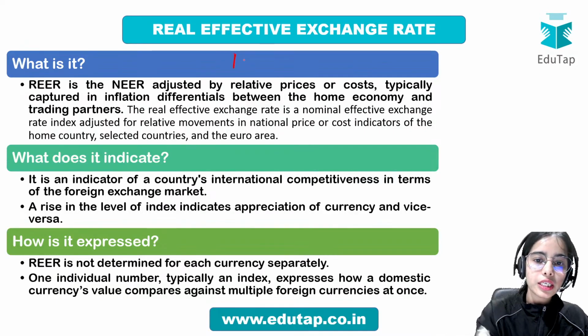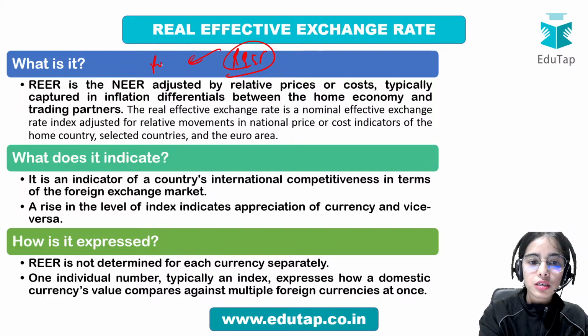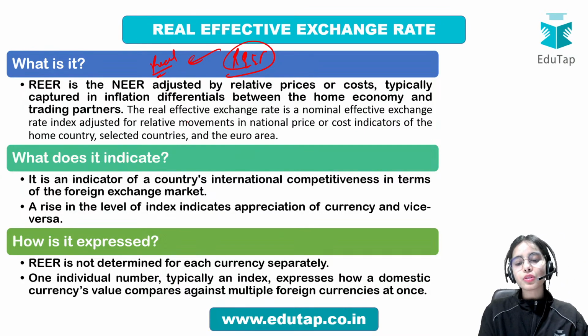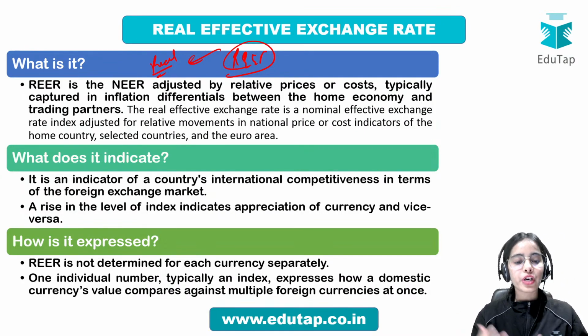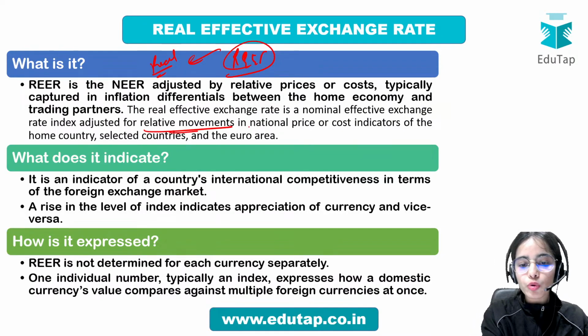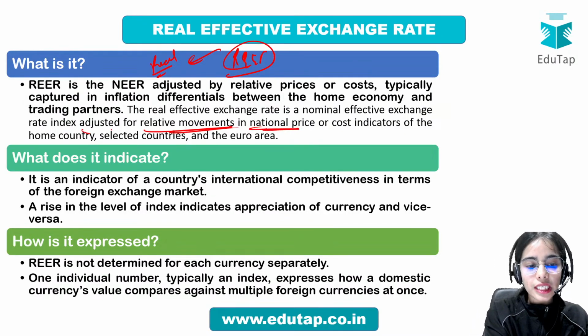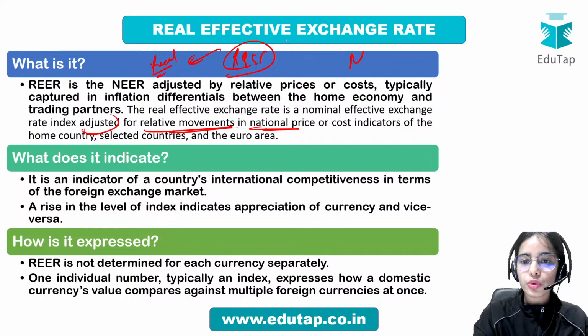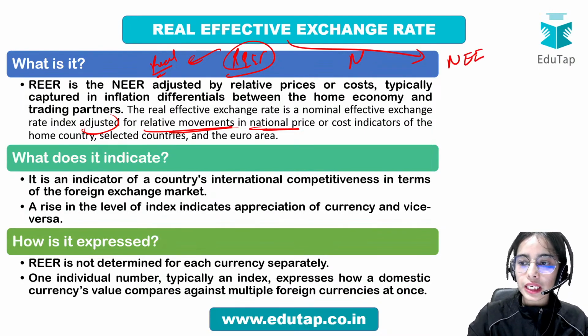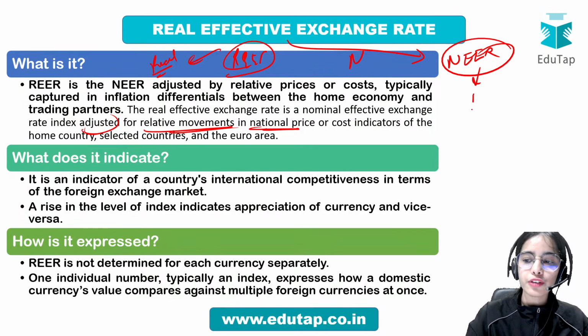REER is the real effective exchange rate. Real means we are taking it in terms of real production and such, adjusting for relative movements in national prices. So REER is nothing else but the NEER adjusted for price movements.